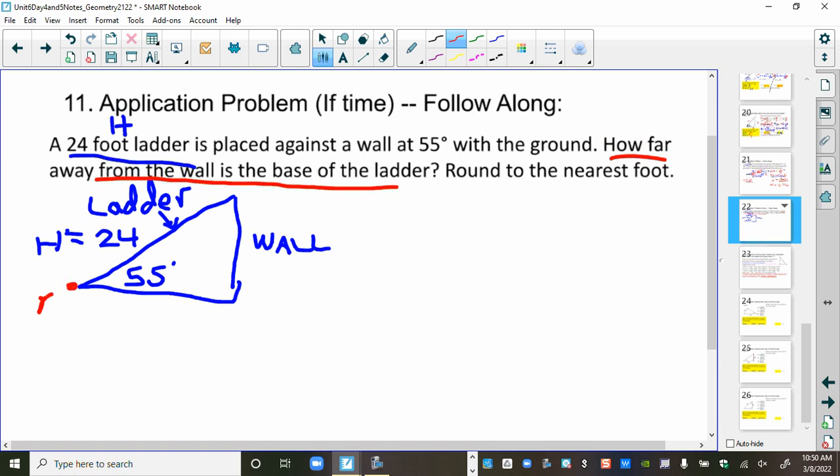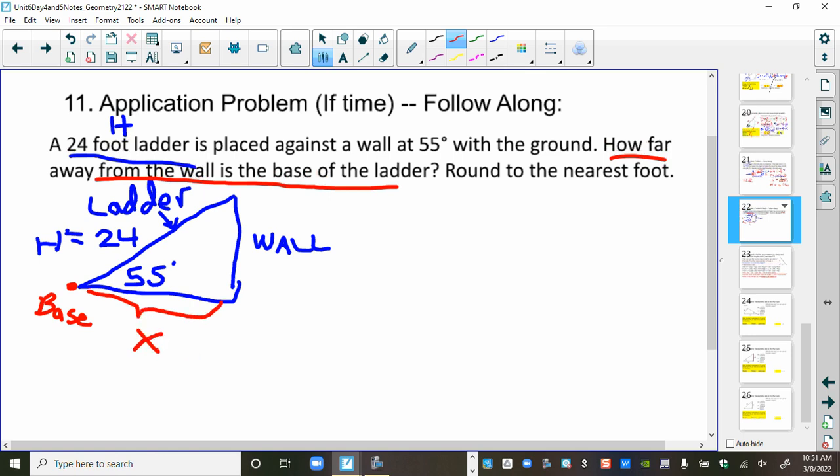That's the base. So are we trying to find out the height of the wall or the distance from the ladder to the wall? What are we trying to find here? From where? Yeah, we're trying to find this distance right here.